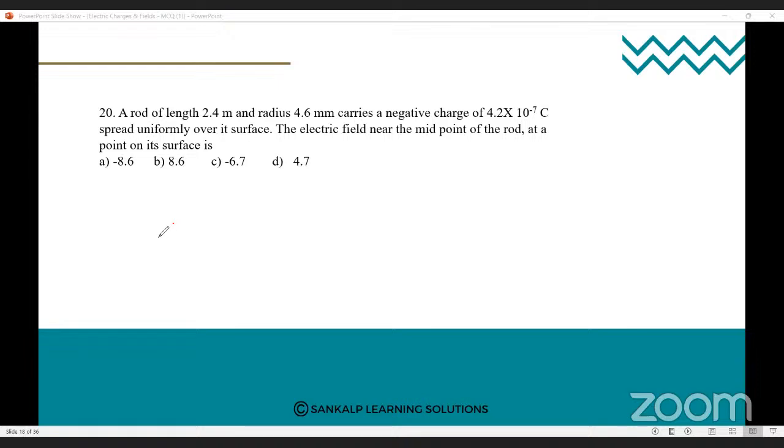The radius is given as 4.6 millimeter. Convert it into meters. It will become 10 raised to minus 3 meters. The value of Q is also given, 4.2 into 10 raised to minus 7 coulomb. Yes, three quantities they have given. See what we are going to do next.